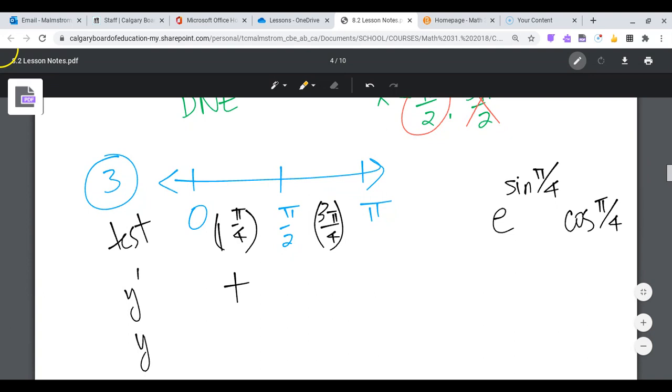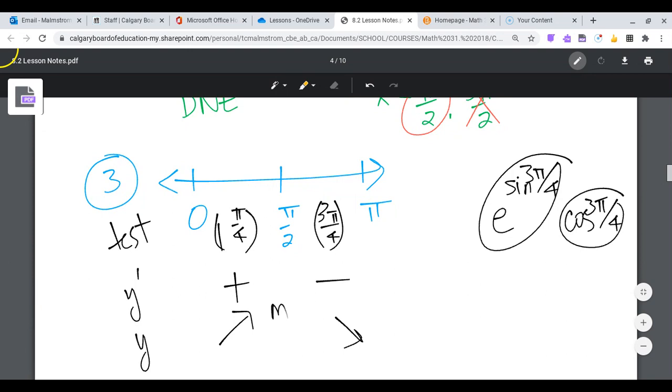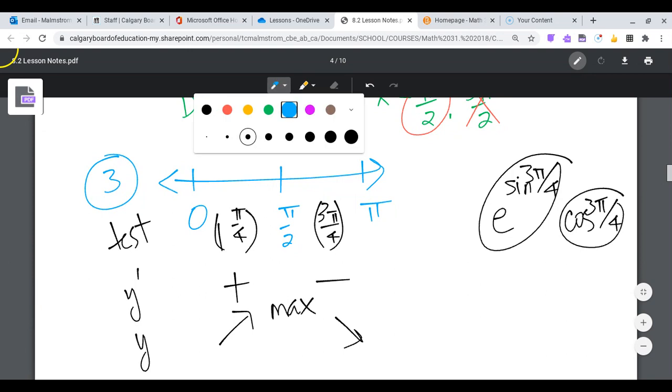That will be a positive number because both of those pieces are positive. But when I put in the 3 pi on 4, this will be positive, but cos will be negative. So that's now negative. So I go positive, negative. So I'm going to go from an increase to a decrease, and so I have a max happening right there.